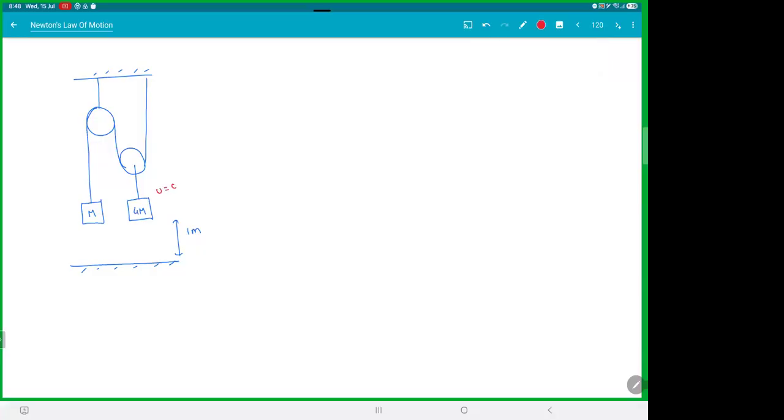So this thing's initial speed is 0, and this thing has an acceleration a2 equal to g by 4. So by the time this block comes and hits the floor, look at the picture how it looks. This m block must have gone up. This 4m must have hit the floor.